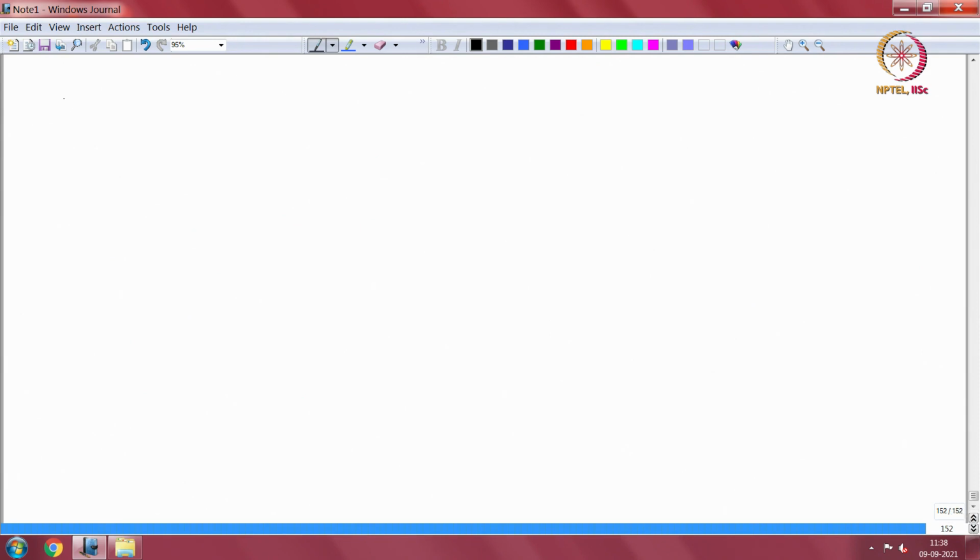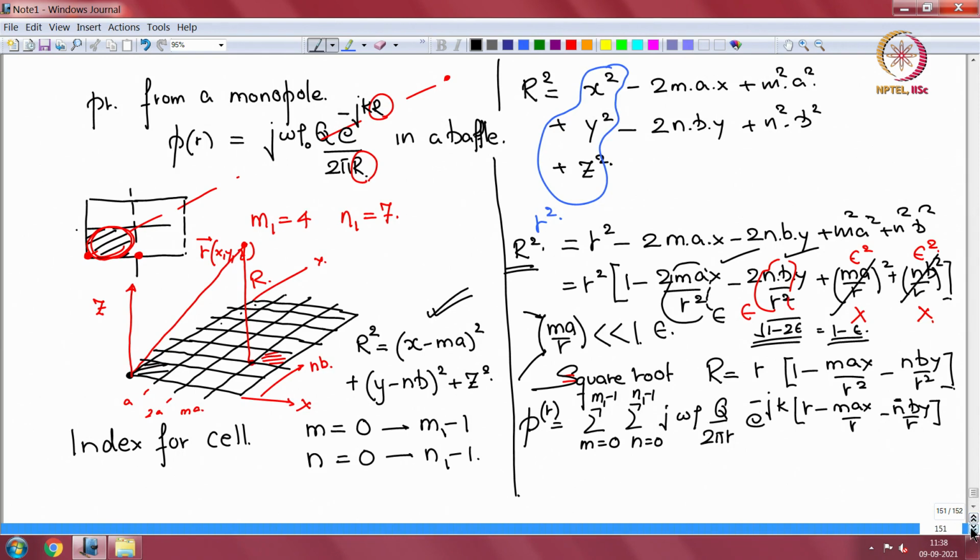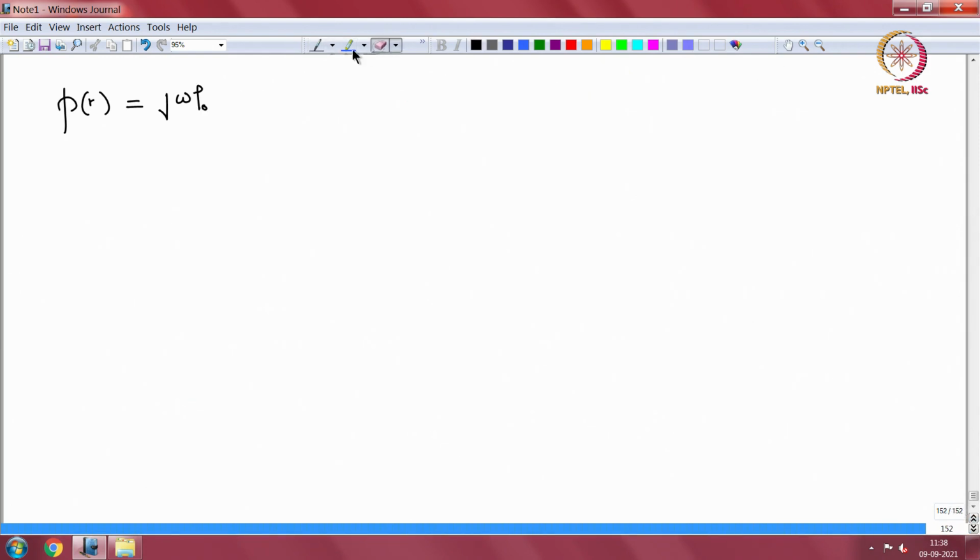Now we get pressure at the receiver point given by j omega rho 0 q by twice pi r, it's common.